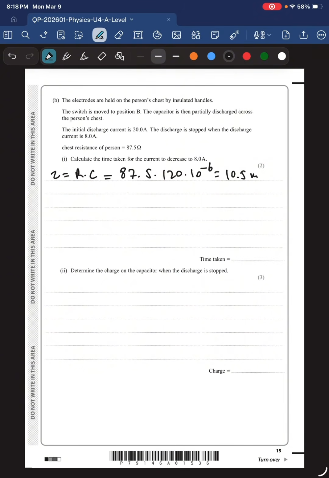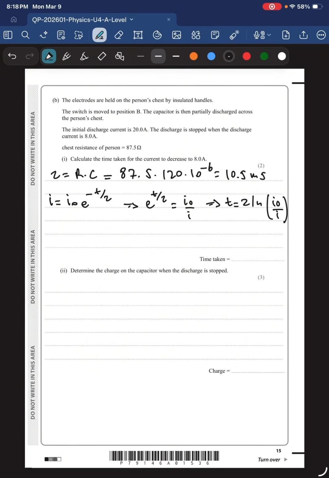10.5 milliseconds. Okay, now for both charging and discharging, the current follows I equals I naught e to the minus t over tau. So e to the t over tau is I naught over I, which means that t is tau times ln of I naught over I, if we take the ln of both sides.